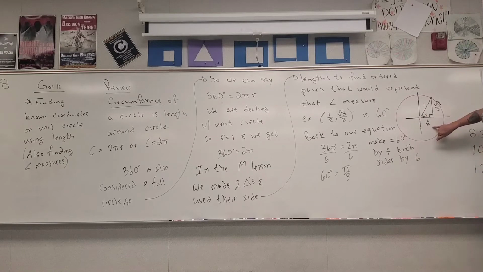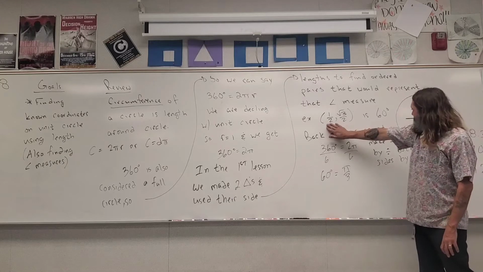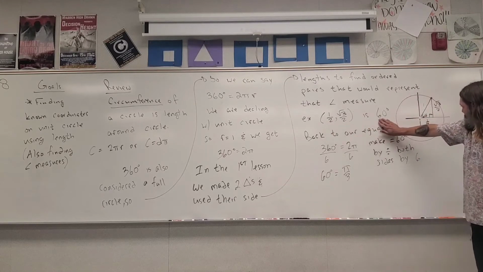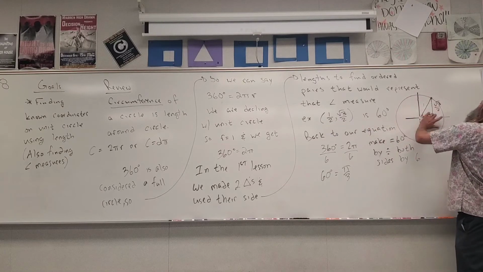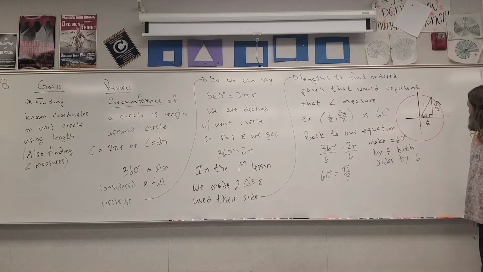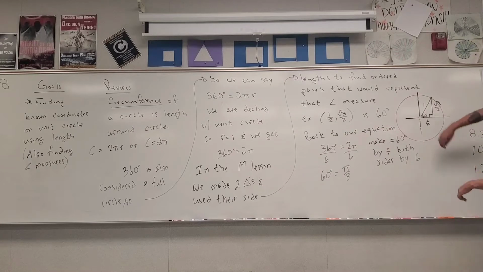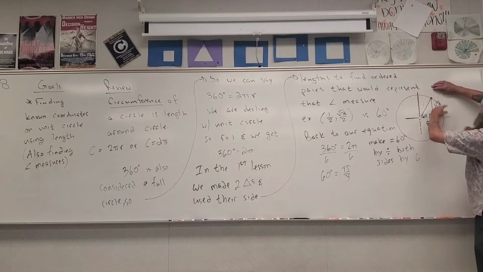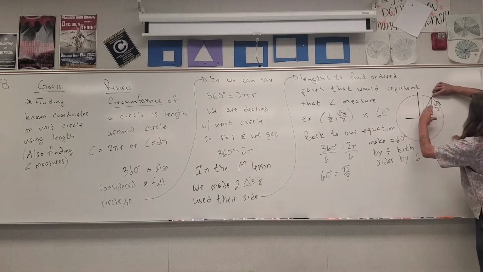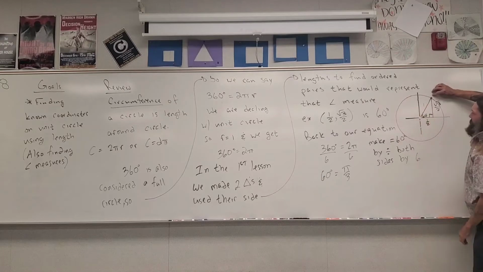The horizontal length was 1/2, the vertical length is square root of 3/2. That's why this ordered pair represents 60 degrees. So here I'm representing angle measures as ordered pairs. I found this point on the unit circle by using this angle.